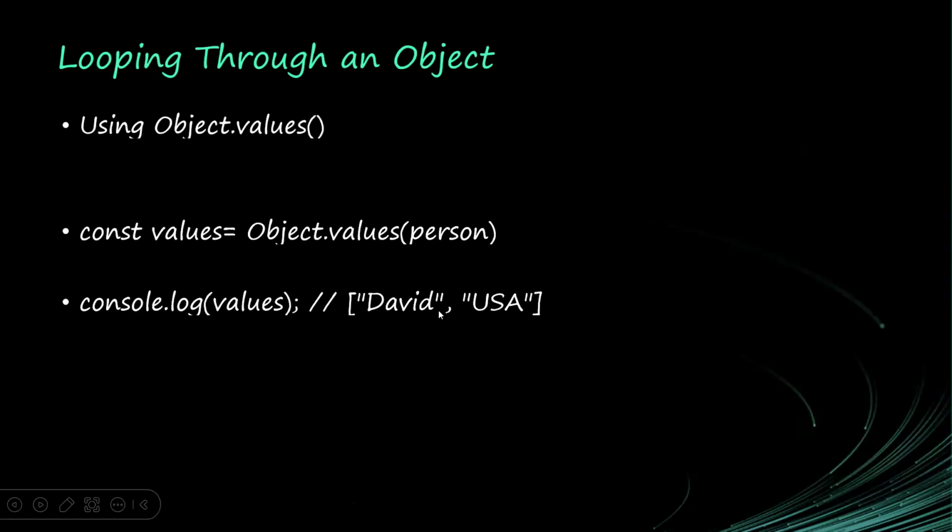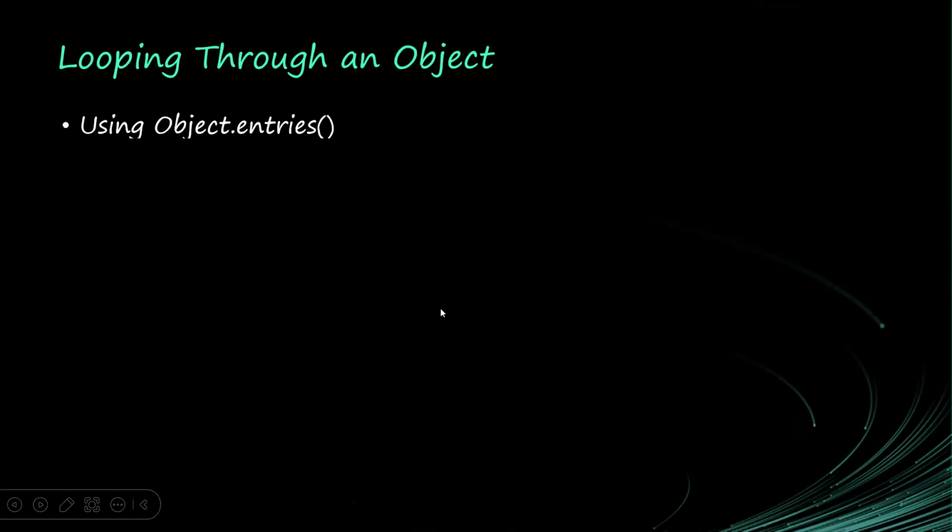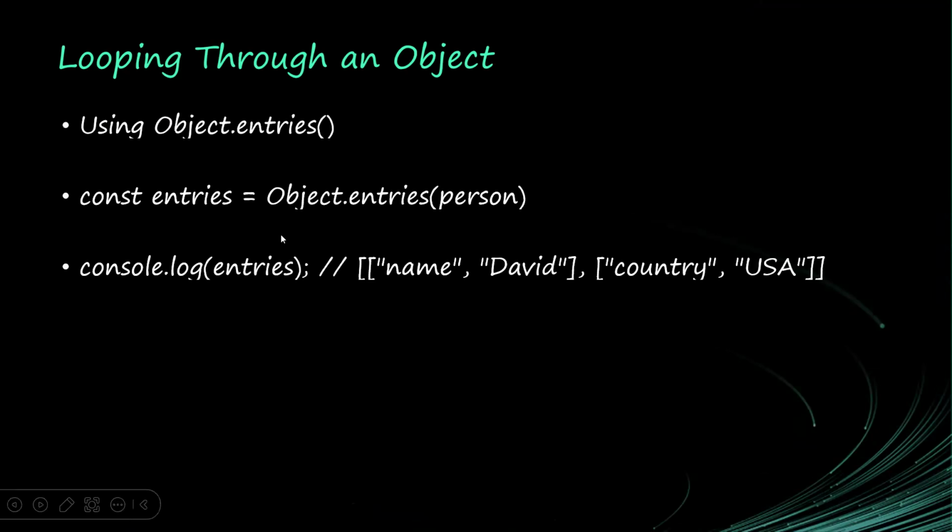You can also do Object.entries. When you do Object.entries, it is going to give you the key-value pair. It will not just give you the key or the value, it will give you the key-value pair, but as an array. So when we do this, it's going to give it to you as a nested array. The key and the value will be in an array.